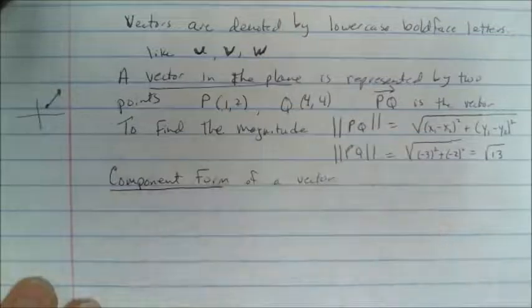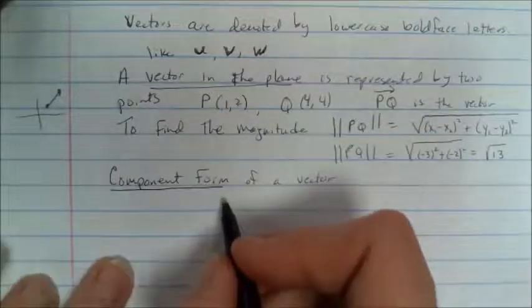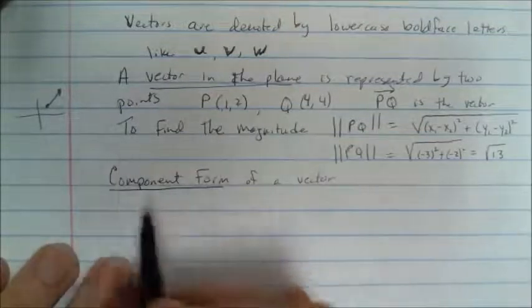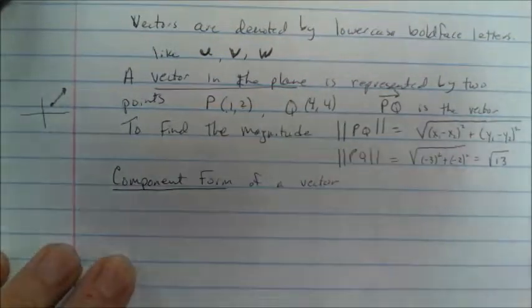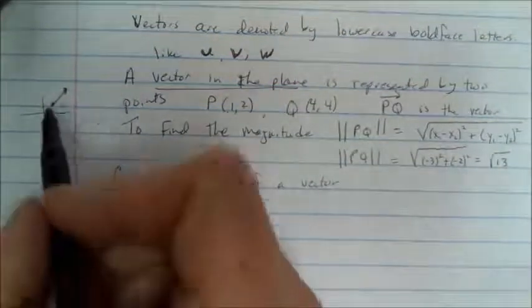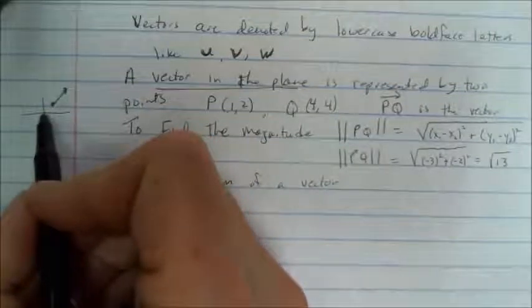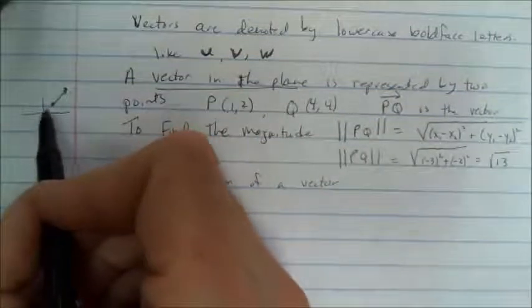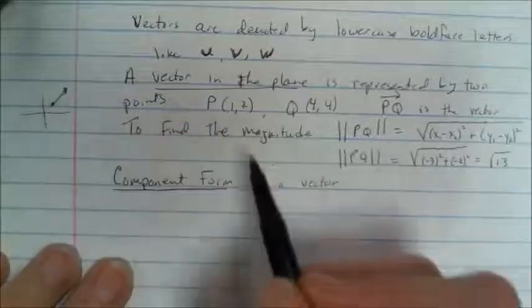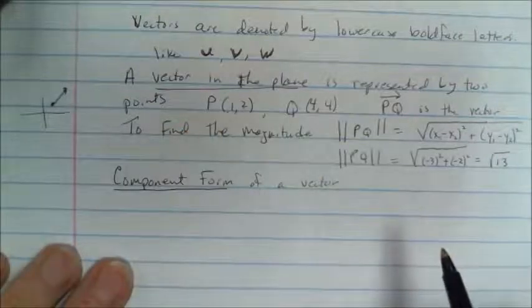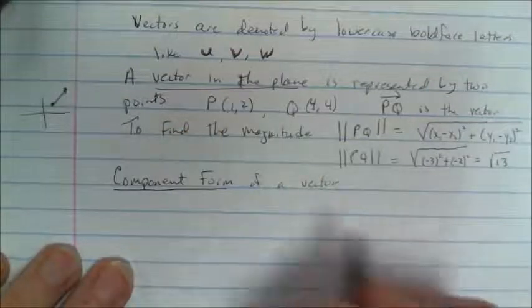Component form. Okay, a component form of a vector is this. If you move any vector so that its initial point moves back to the origin, then the terminal point would define what the component form of the vector is.